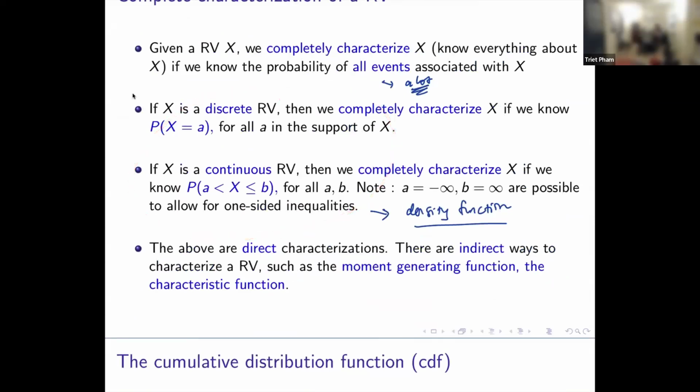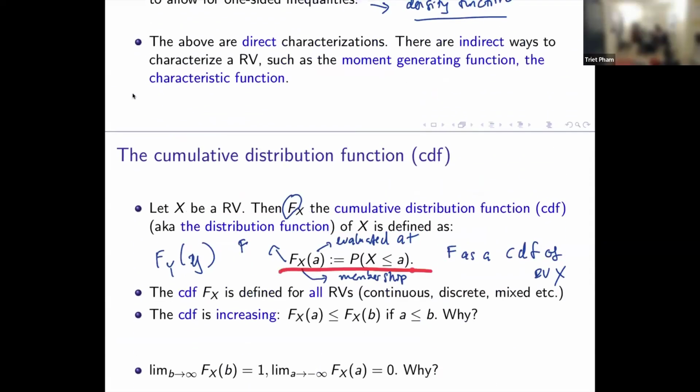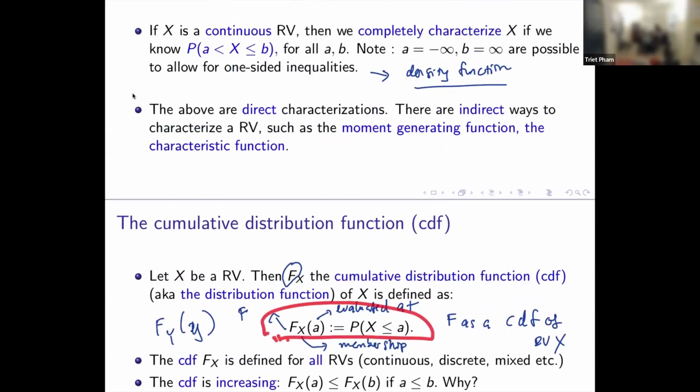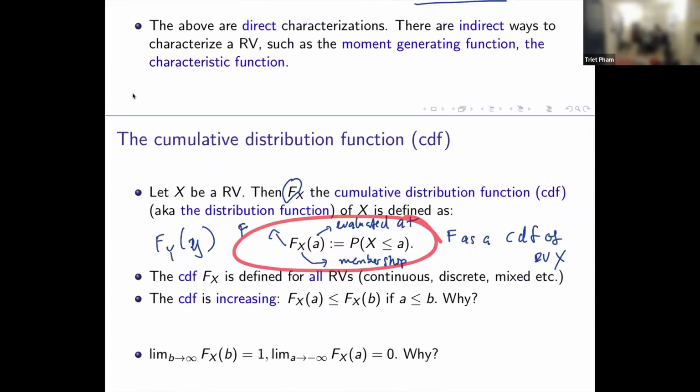Because the above is the most direct way to characterize a random variable. So if you claim that this allows you to do the same thing, then you better be able to recover at least this information from the CDF. And can we? Well, let's take a look.